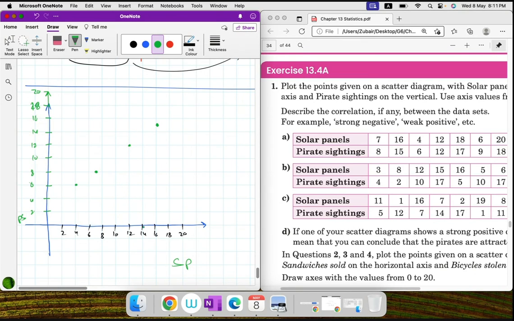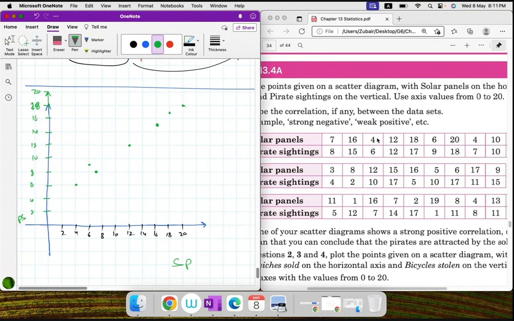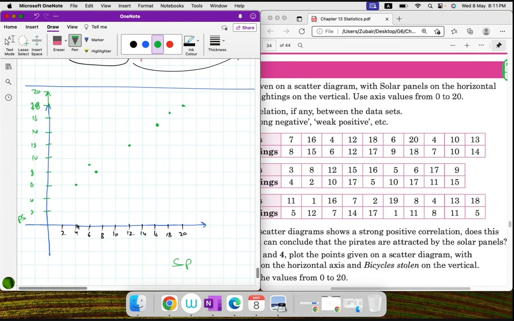Then 18, 17. Then x6, y9. Then x20 and y18. Then x4, y6, x1, y7. Then 10, 10, and then x13, y14.